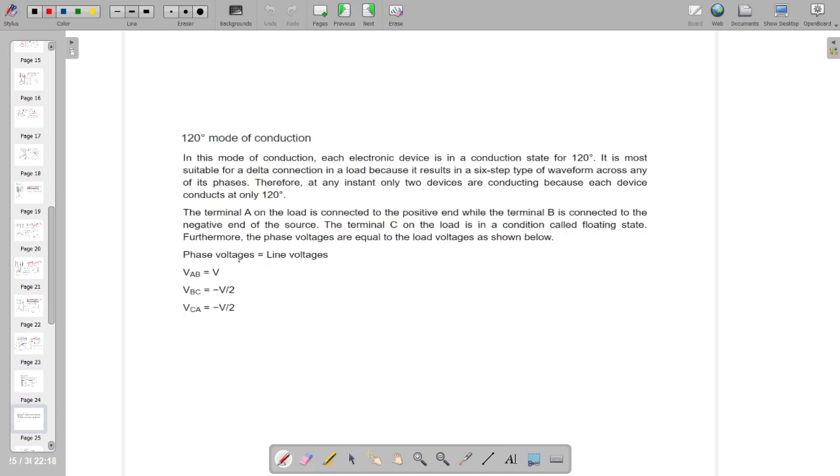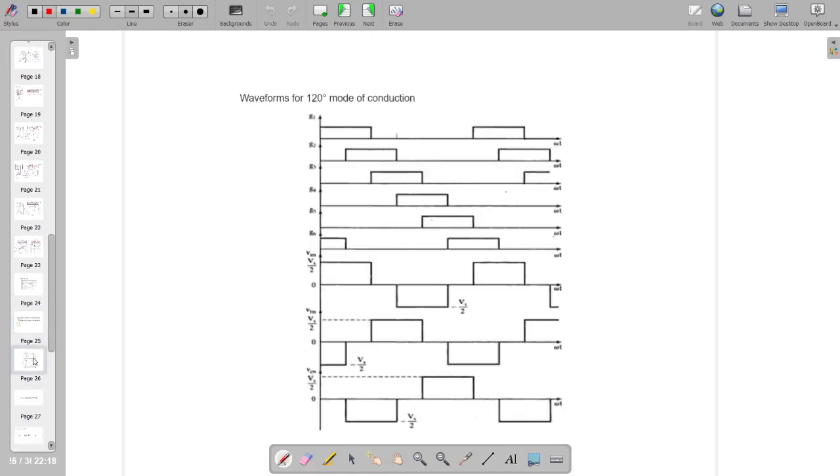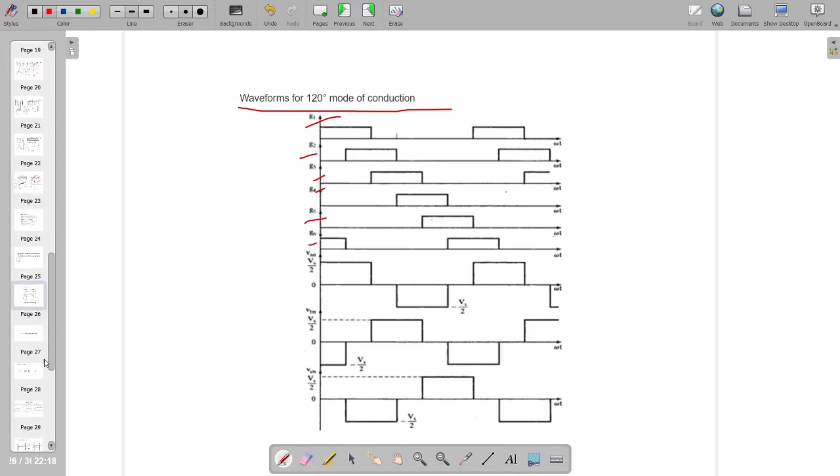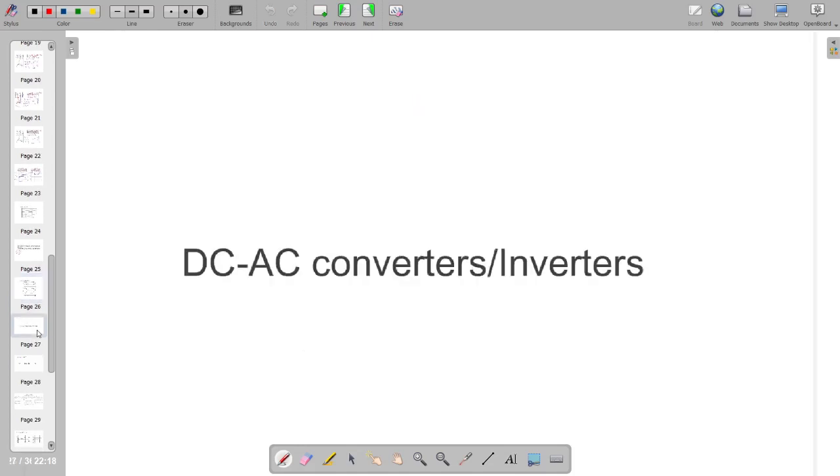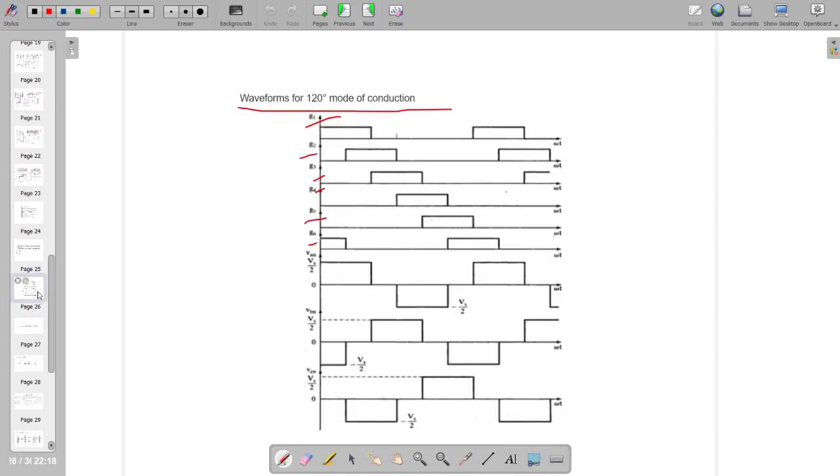This is the voltage derived in the 120 degree mode of conduction, and these are the 120 degree mode waveforms. First of all, 1, 2, 3, 4, 5, 6 are the gate signals applied to the thyristors.